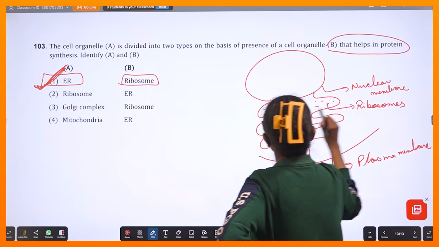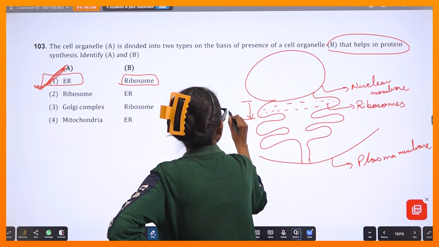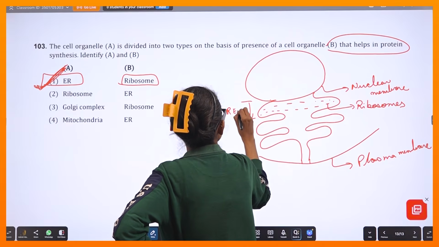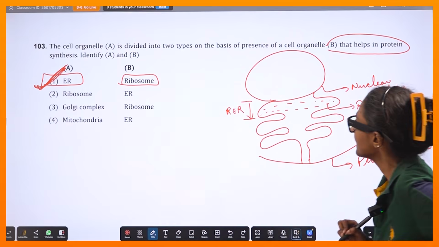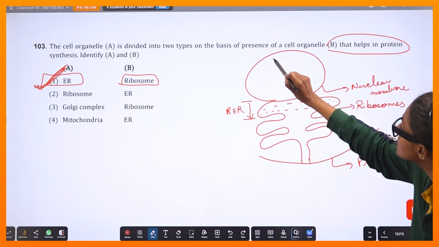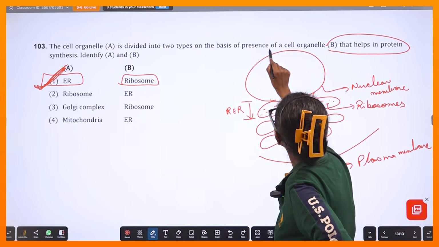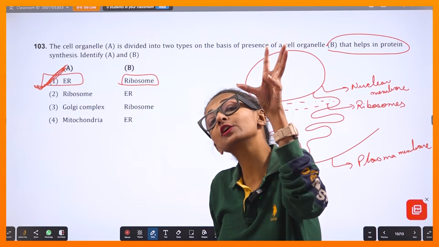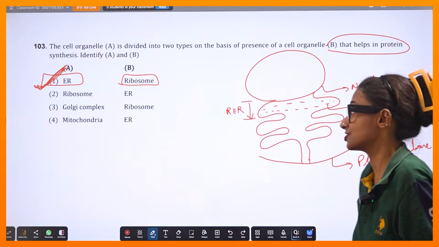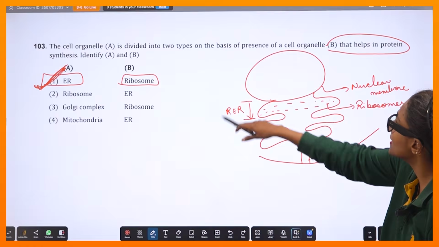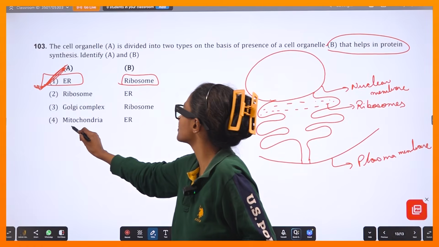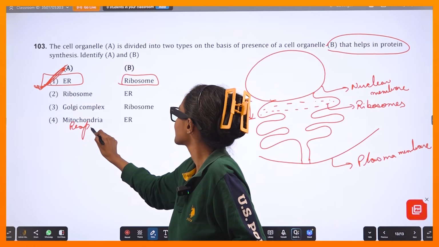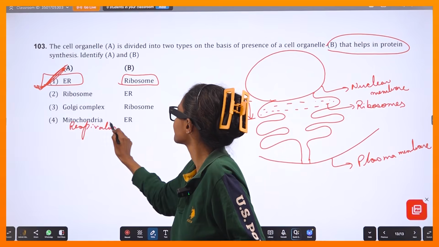Right? So that means this much part is your RER. So choose that organelle which has the protein synthesis machinery. So endoplasmic reticulum and ribosomes. Mitochondria is for respiration, right? So this is not true.